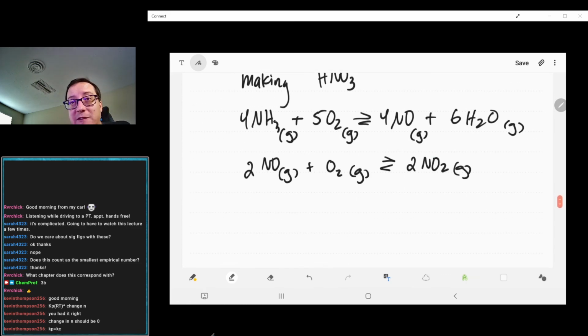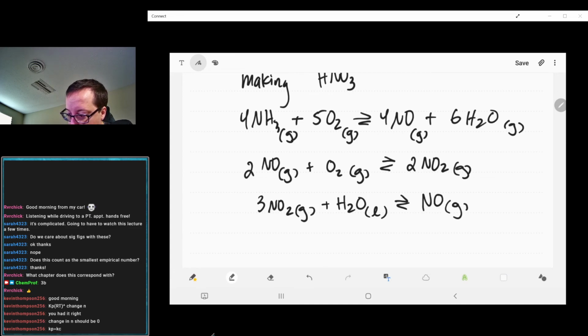And then once we have the NO2, we're going to see how to make that into nitric acid. Let's just do that now. That's going to be 3 NO2 plus water will turn into nitric oxide plus 2 nitric acids. That would be aqueous. Okay, cool.